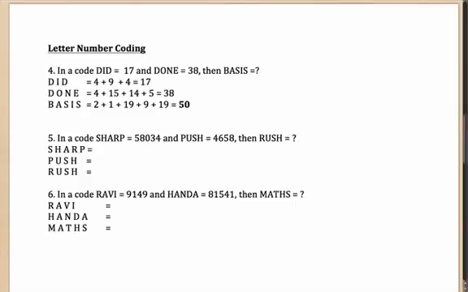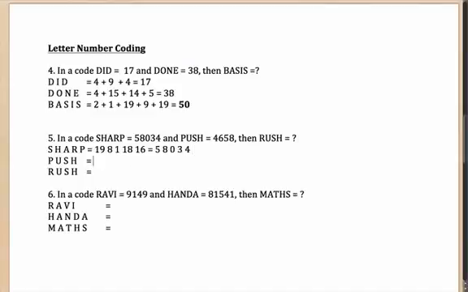Once again, let us look at what we have in case of sharp. So S is 19, H is 8, A is 1, R is 18, and P, how much is P? P is 14. No, LMNOP, P is 16, which is becoming 58034.